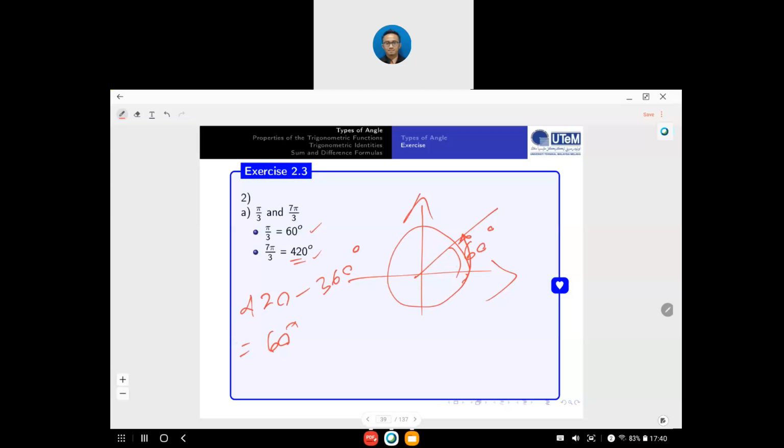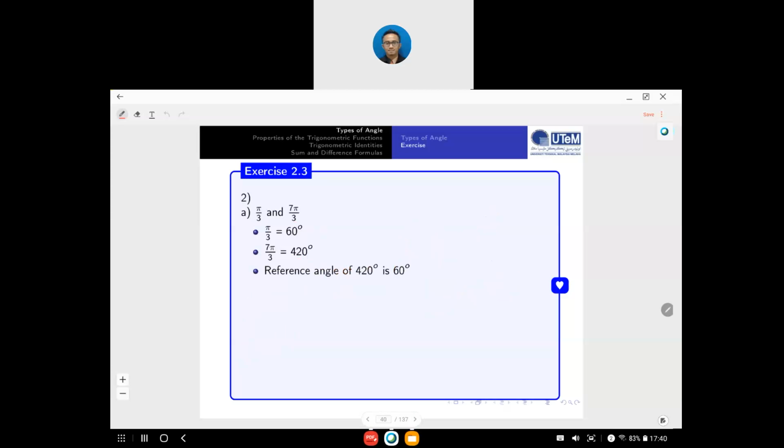So these two angles are coterminal. That's all. The reference angle for this one is 60, and for this one also 60. So this one is coterminal. Okay, can?